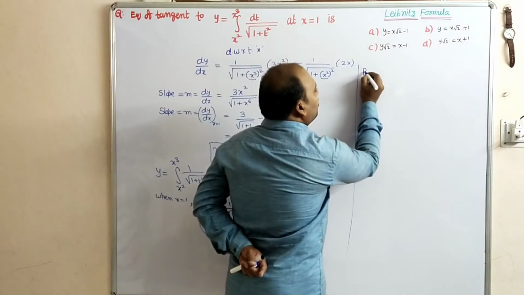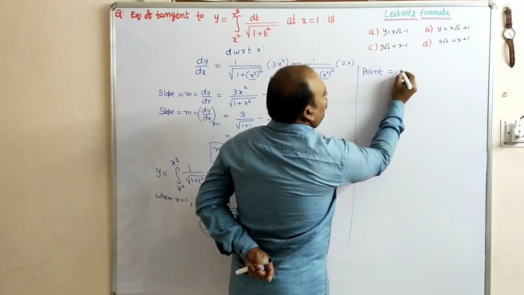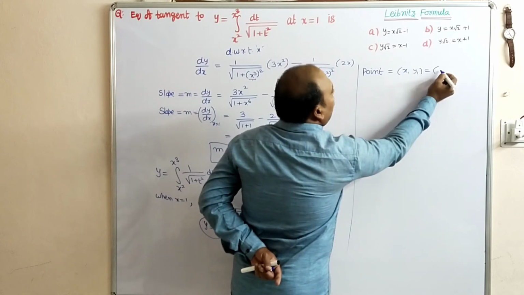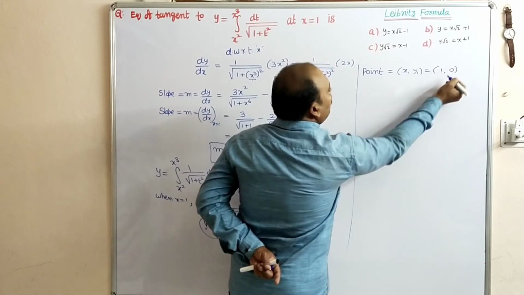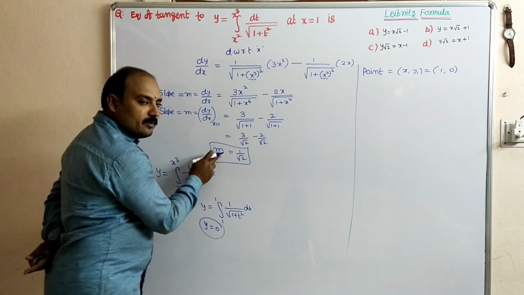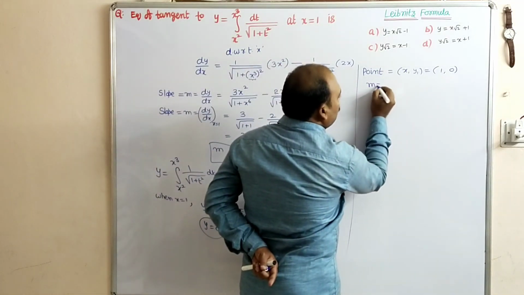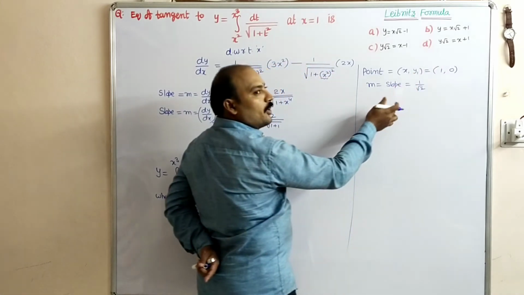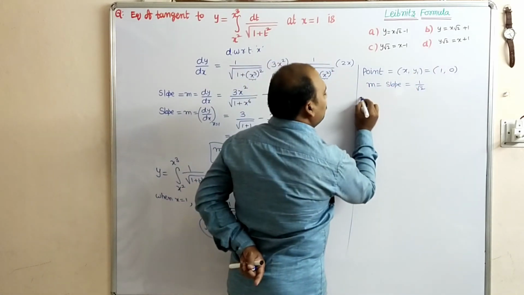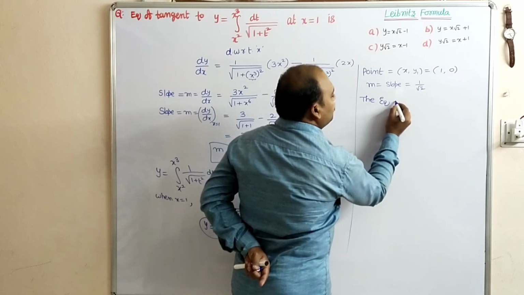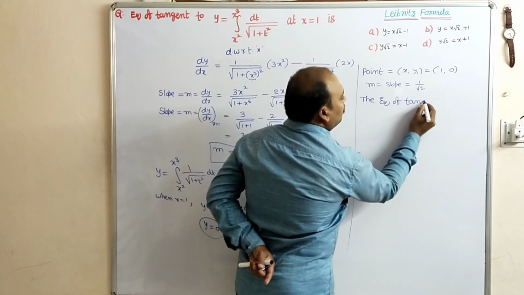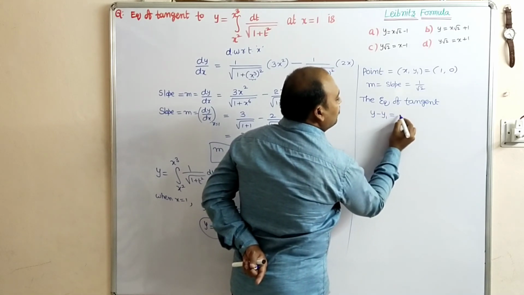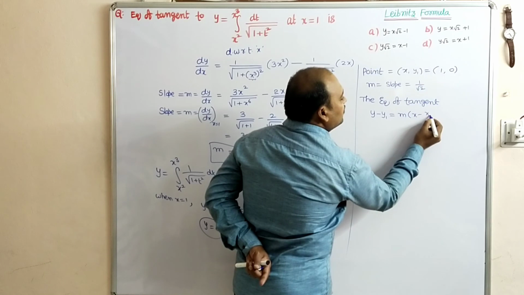So the point, generally x1, y1, you can write: x value is 1 and y value 0. Slope we got as 1 by root 2, m equal to 1 by root 2. Slope we know, point also we know. Equation of tangent, slope point form: y minus y1 equal to m into (x minus x1).